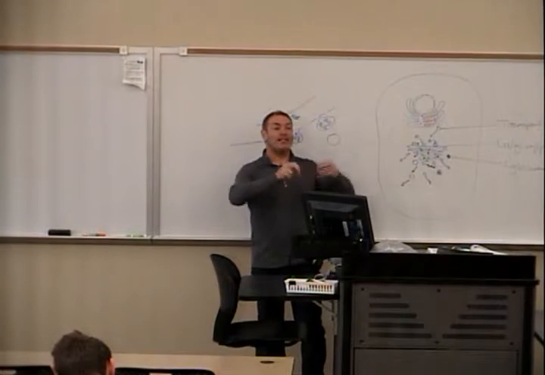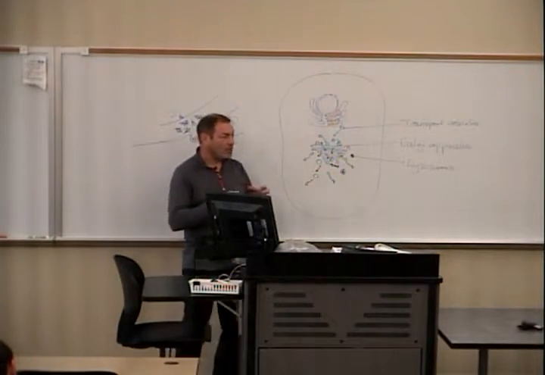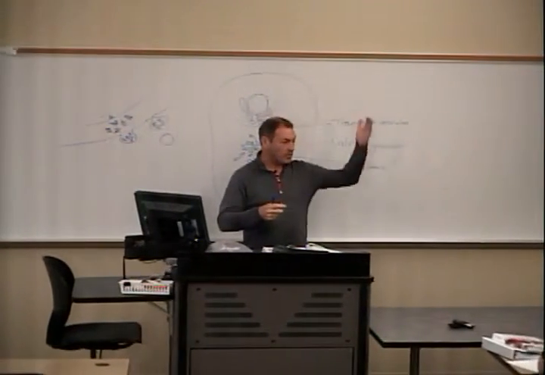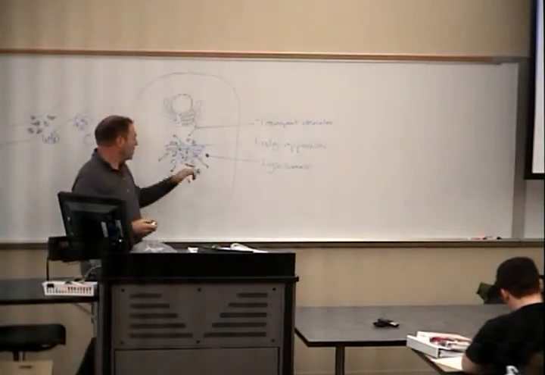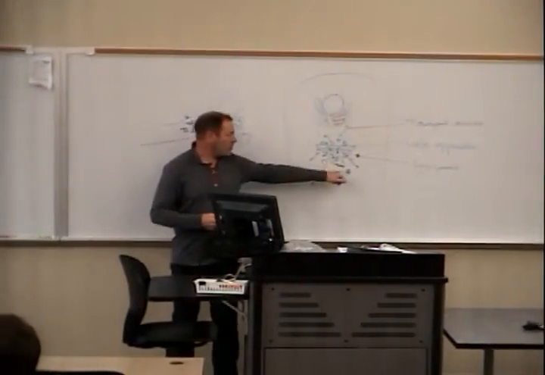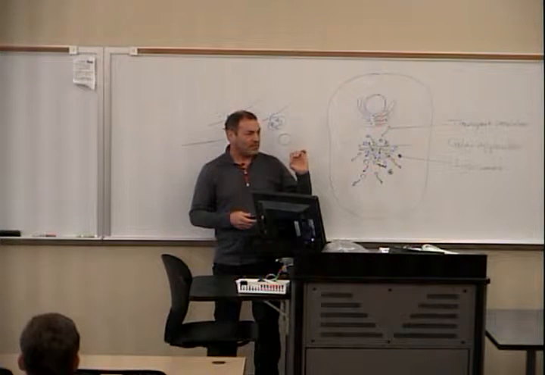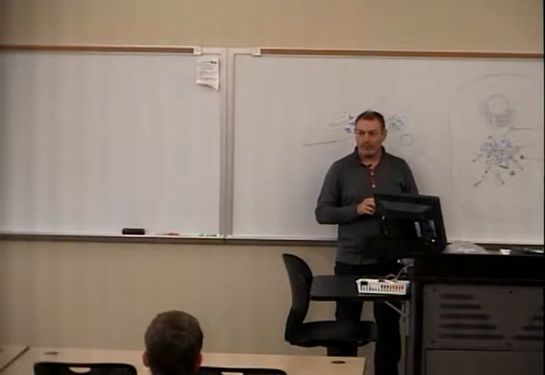Good. Breaks down a polymer into monomers. By doing so, it needs to split a water molecule so that one monomer receives the hydroxyl and the other one the hydrogen. So you can imagine these lysosomes as being full of hydrolytic enzymes that can break down all the macromolecules in the cell.